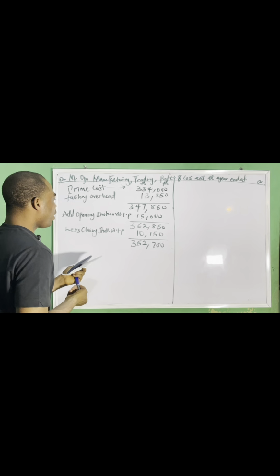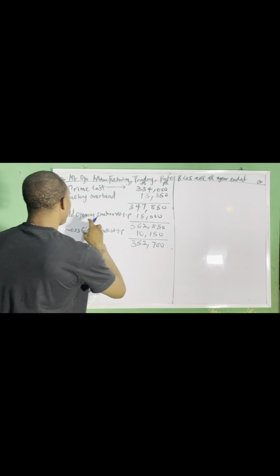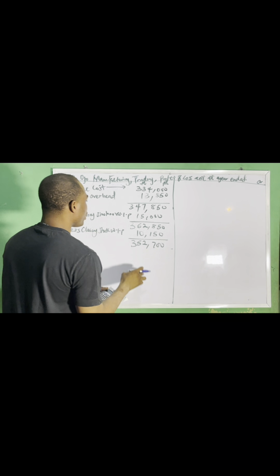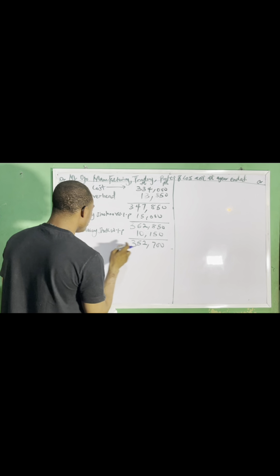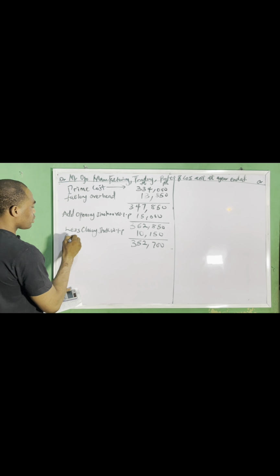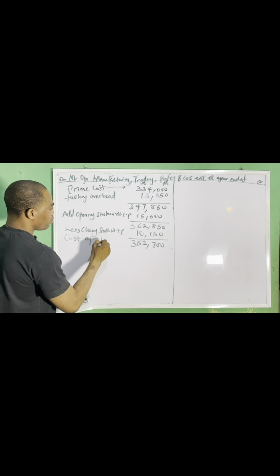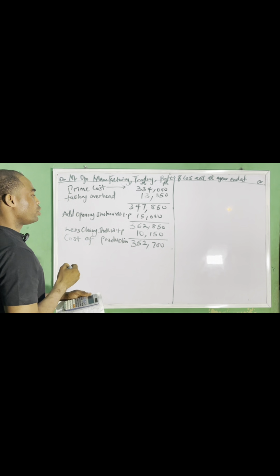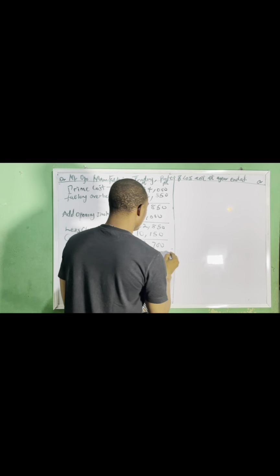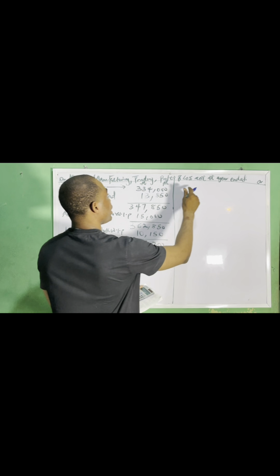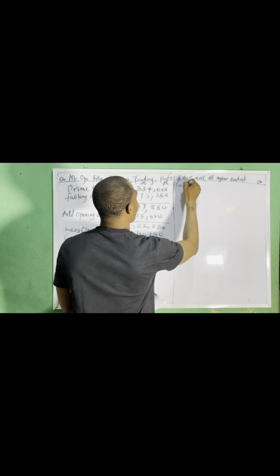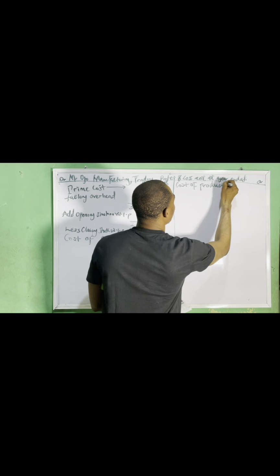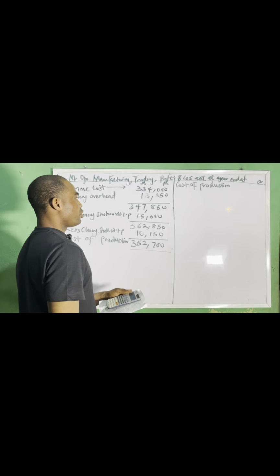After adding opening stock and less closing stock on work in progress, the value that you get here is known as our cost of production. Just close it with one line. Then you come to the credit side and bring down cost of production. This is the only value that will be on your credit side in manufacturing account.